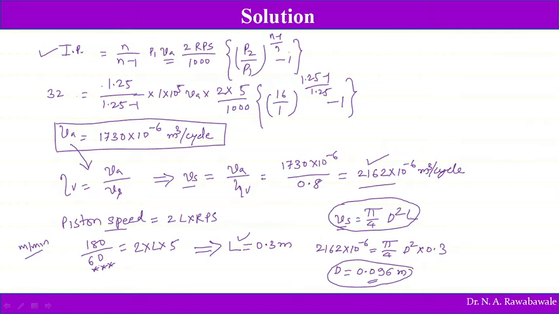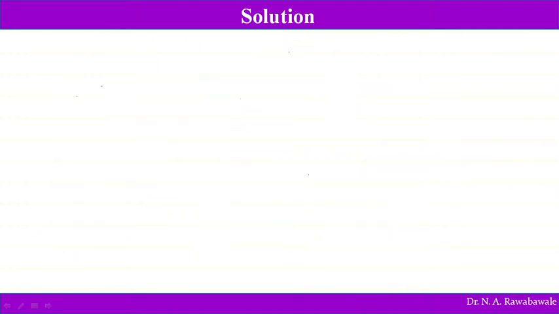So the answer is: stroke length L is 0.3 meter and diameter D is equal to 0.096 meter. This is the solution for this problem.